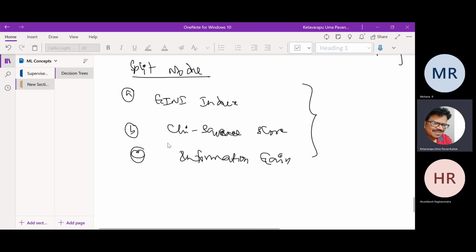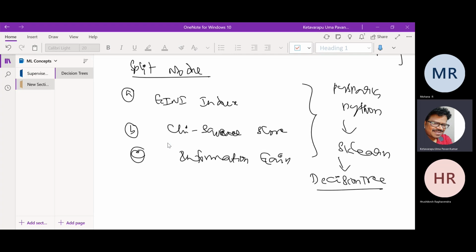Practically, if you are implementing with PySpark or with Python, the scikit-learn library provides the decision tree model, and there you can specify the strategy, whether you are using Gini, chi-square or information gain. So don't worry about that. In the programmatic aspects, you can conveniently specify the parameters.